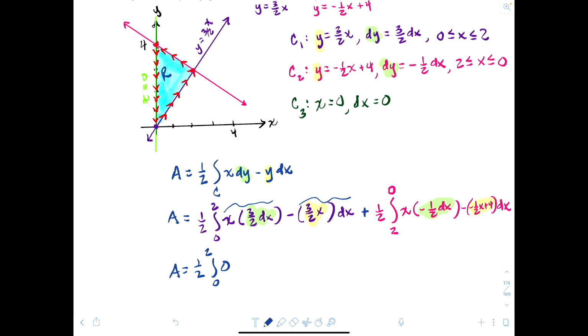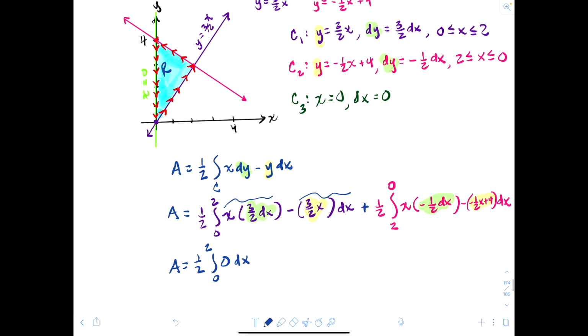For this one, you could do 3/2 x. It would really be 3/2 x minus 3/2 x, that quantity dx, is one way to look at it, which is just going to zero out.